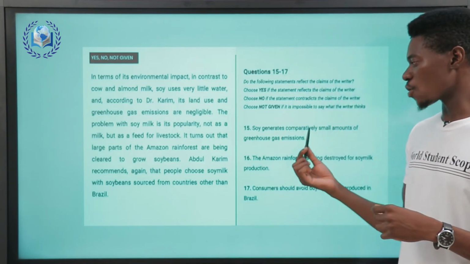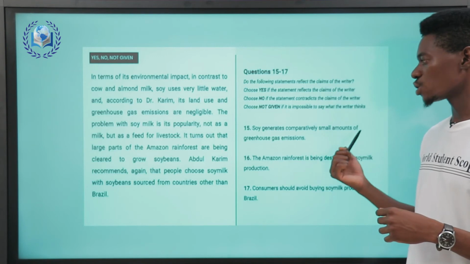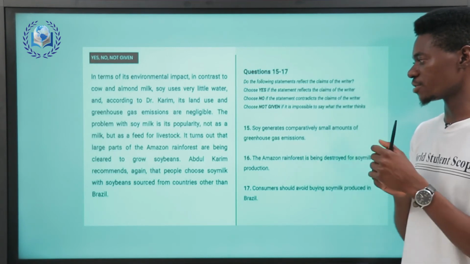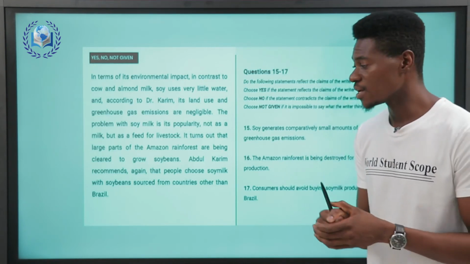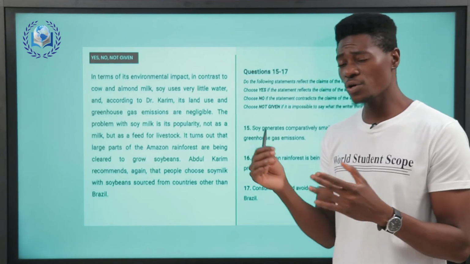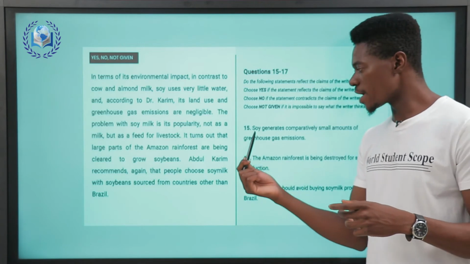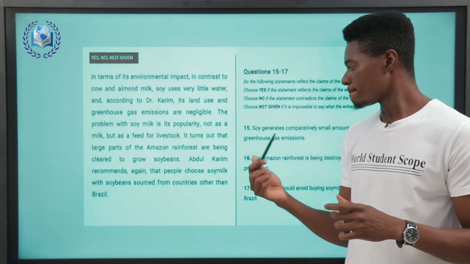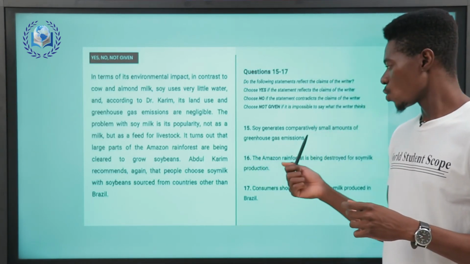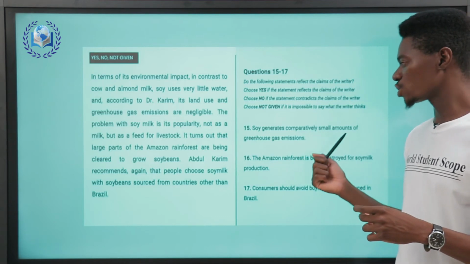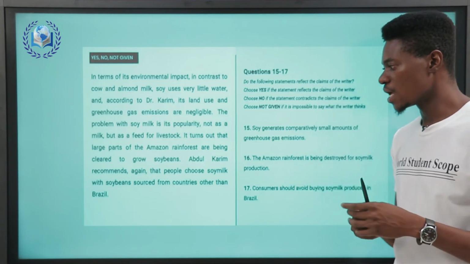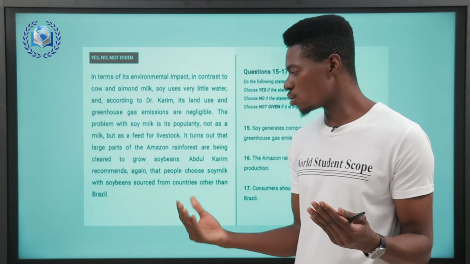Soy generates a comparatively small amount of greenhouse gas emission. Is this true? Is this false? Or is this not given? Let's take a look. We have our keyword, soy. We also have small amount of greenhouse gas emission. Let's take a look at the passage.